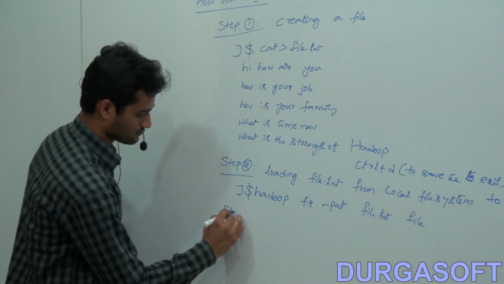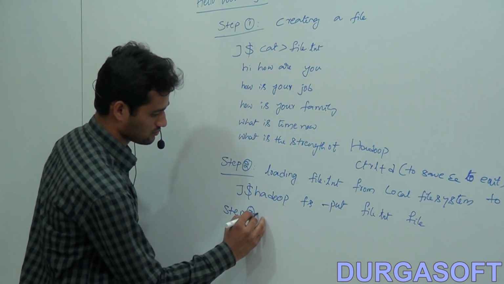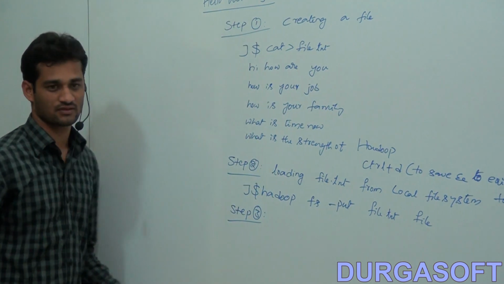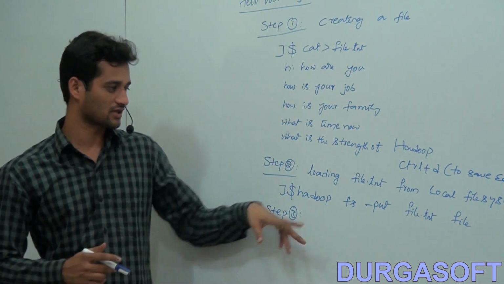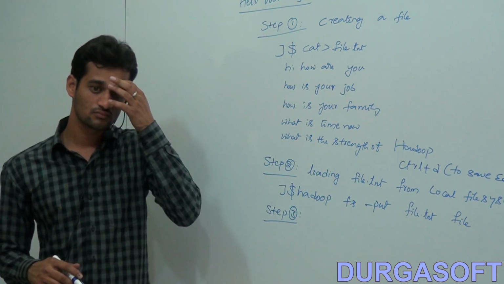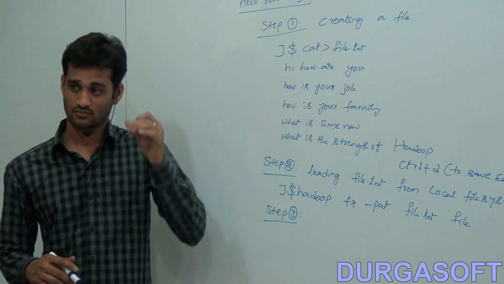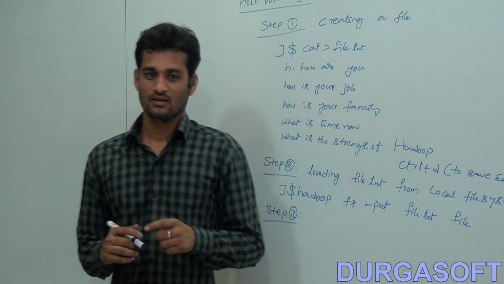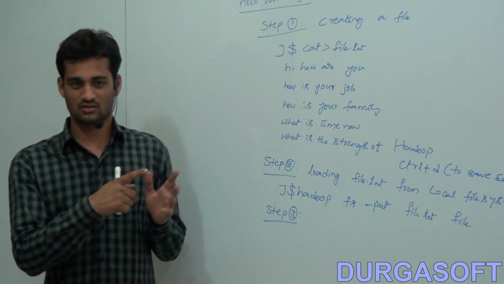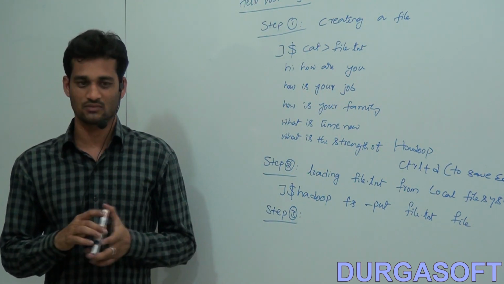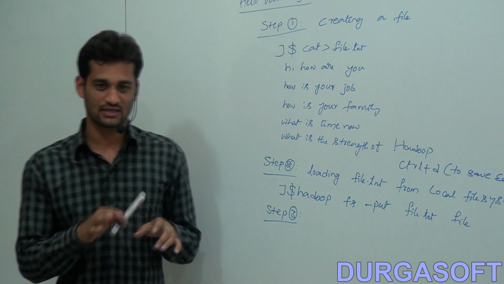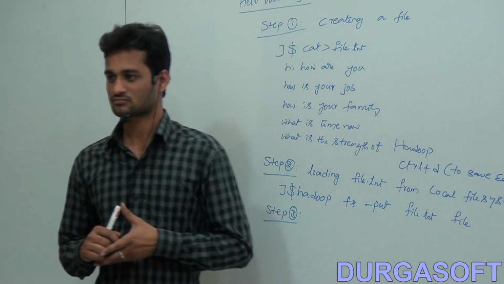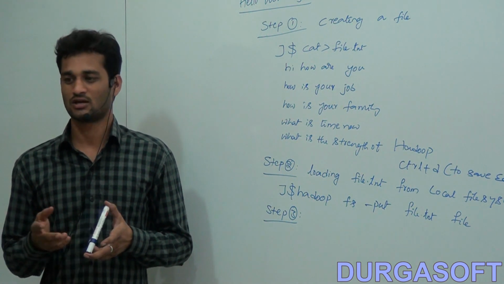Step number 3. Once after loading this file into HDFS, what do we have to do now? We have seen the client is contacting the name node to keep your file into data nodes. Once your data is loaded into data nodes, you have to process that.